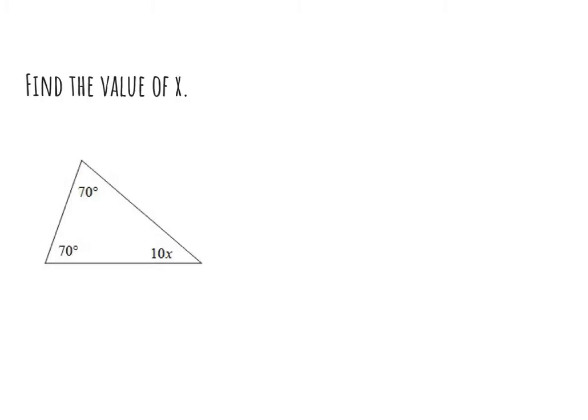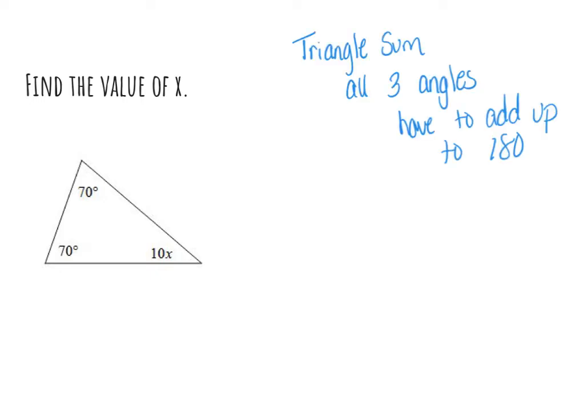In this example, we want to find the value of x, so we need to remember an important theorem. The triangle sum theorem, which basically says all 3 angles of a triangle have to add up to 180 degrees. So that means that my first angle plus the second one plus the third one must equal 180.